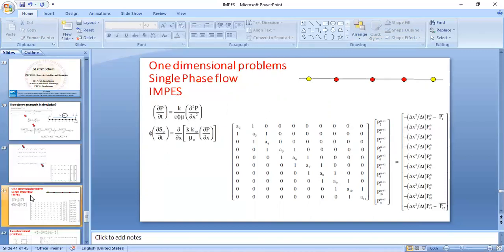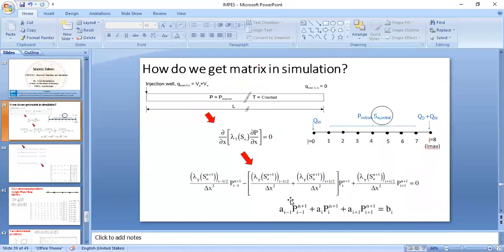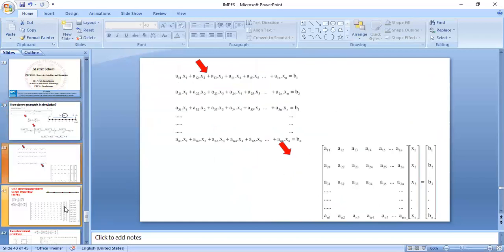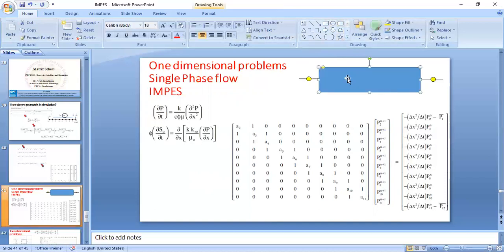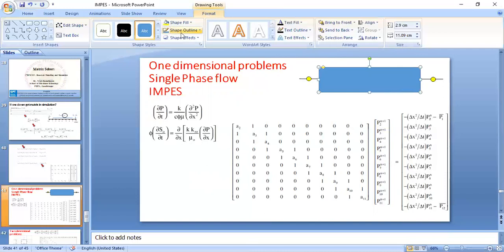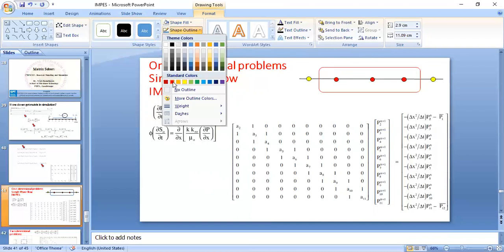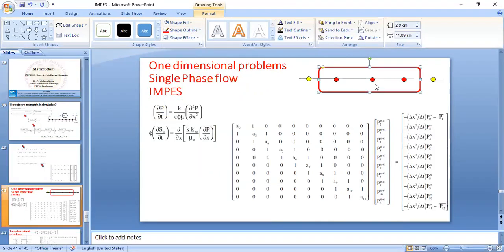So the discretized form is involving one earlier node and one later node: i, i minus 1 and i plus 1. So every stencil will involve only these three nodes, the red colored nodes. Say for example, i is a node of interest.